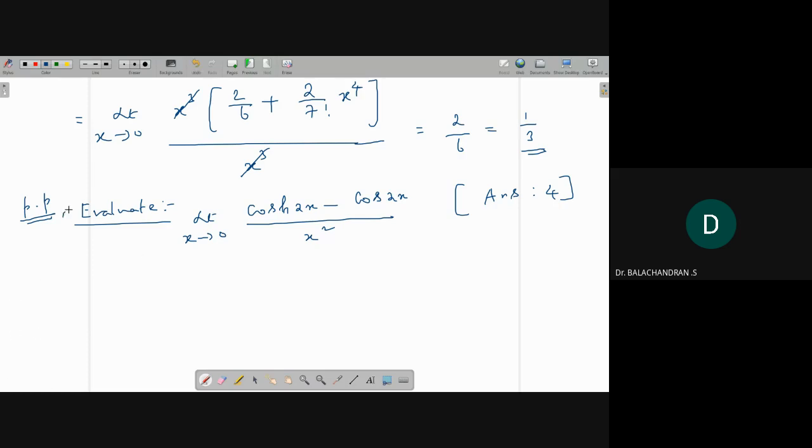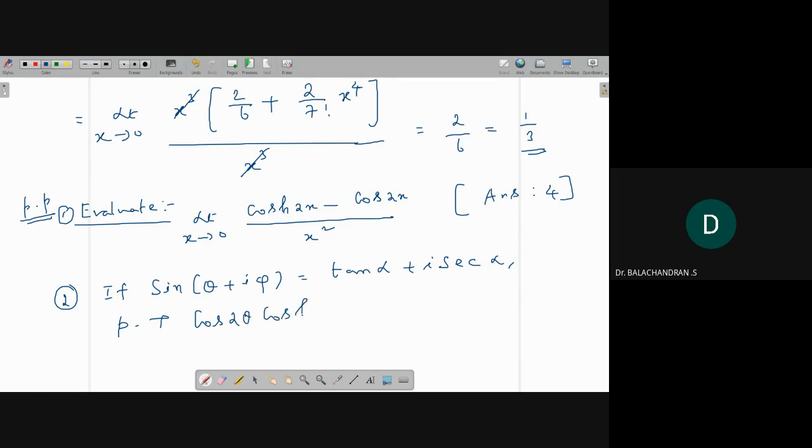Second problem: if sine of theta plus i phi equals tan alpha plus i secant alpha, prove that cos 2 theta into cos h2 phi equals 3.